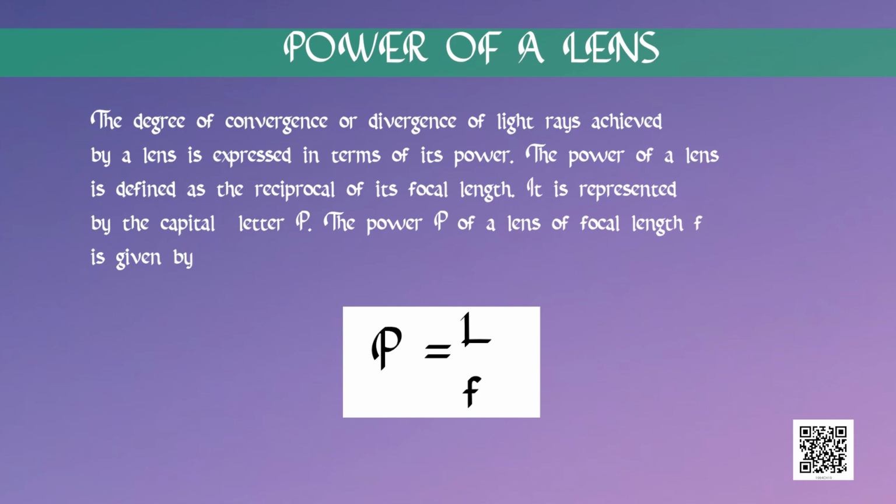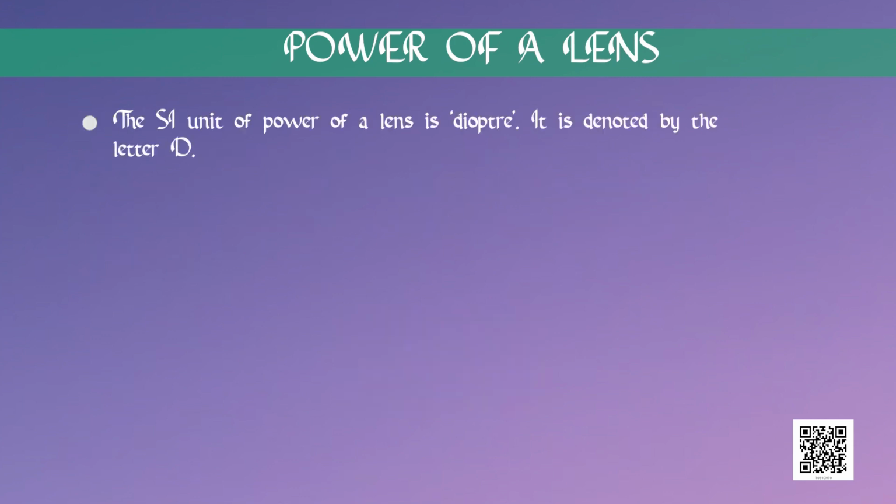The power of a lens is defined as the reciprocal of its focal length. It is represented by capital letter P. The power P of a lens of focal length f is given by P equal to 1 by f. The SI unit of power of a lens is diopter.